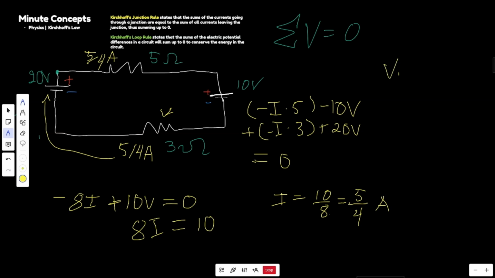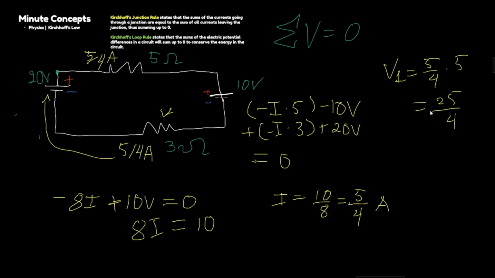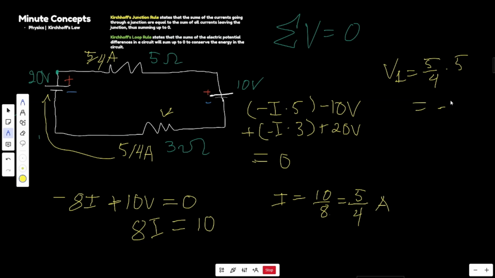So V1 is equal to 5/4 times 5. And that's equal to 25 over 4. This is following this, so we're still going to have a negative sign. Negative 25 over 4. Now how about V2? We'll still have a negative sign, so that's negative 5 over 4 times 3. That gives us negative 15 over 4.